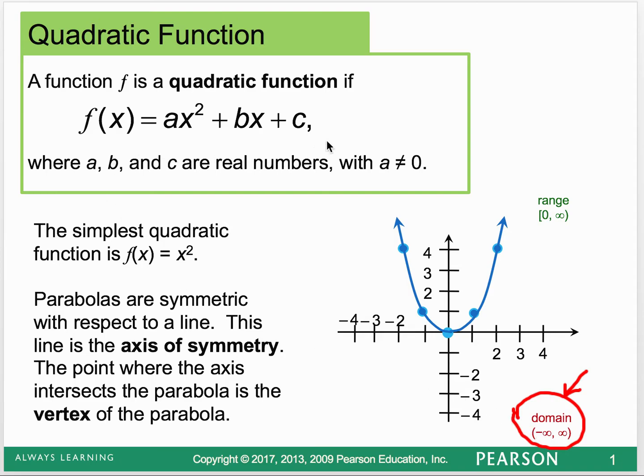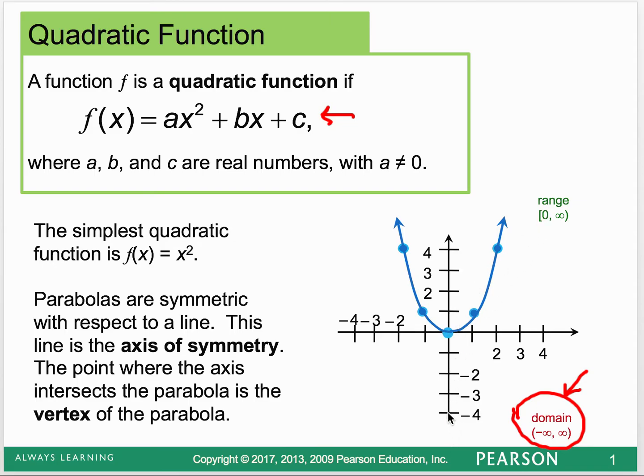And we can tell that from here also. All of our functions' domains, unless we had a radical or a denominator with a variable in it, are negative infinity to infinity. Now the range is going to depend on what our specific equation is, and where our vertex falls. The range is asking about the y values.